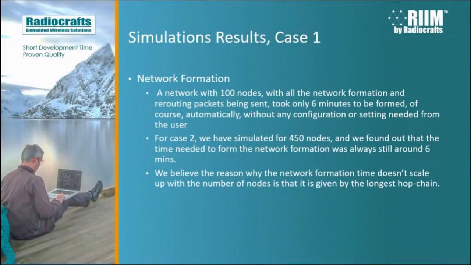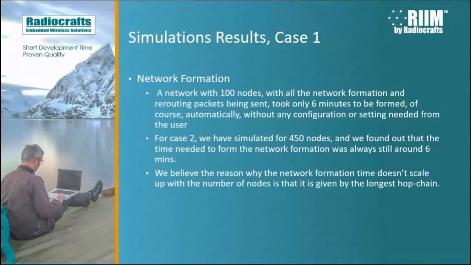So when we simulated the first use case, we got some important parameters. We know the network formation time, the latency for multicast, unicast, the number of hops, the topology, and so on.